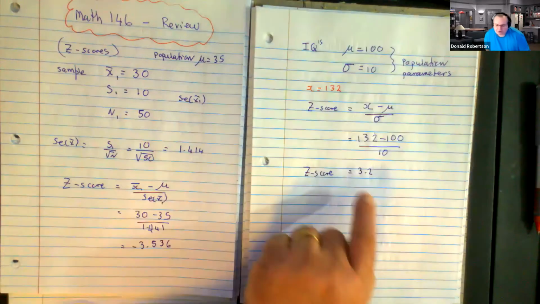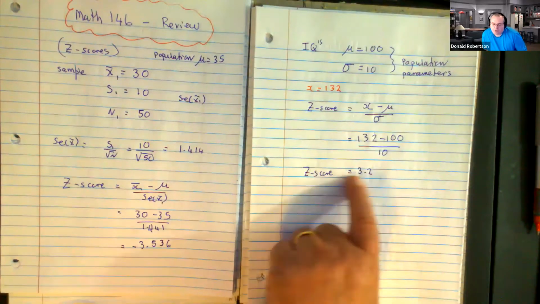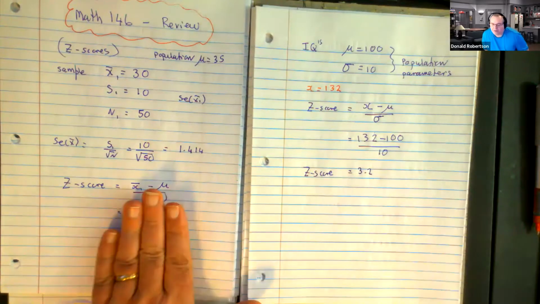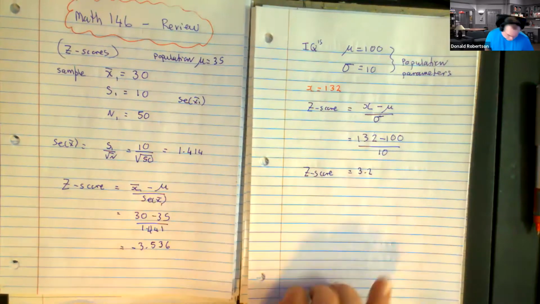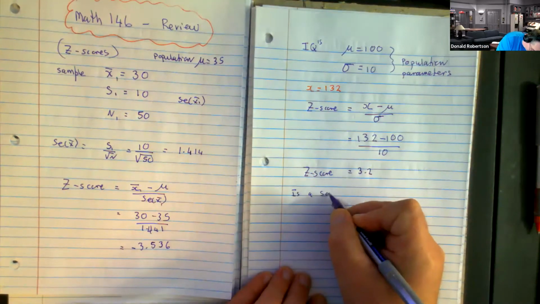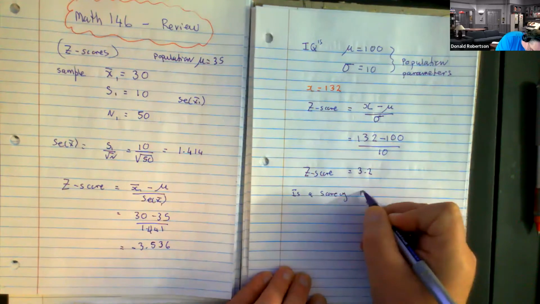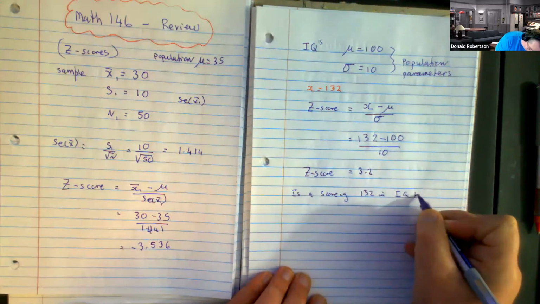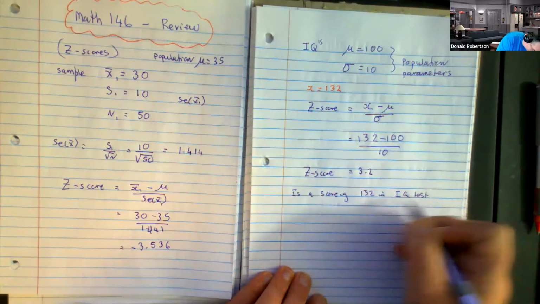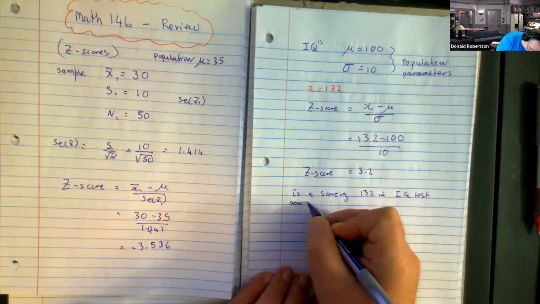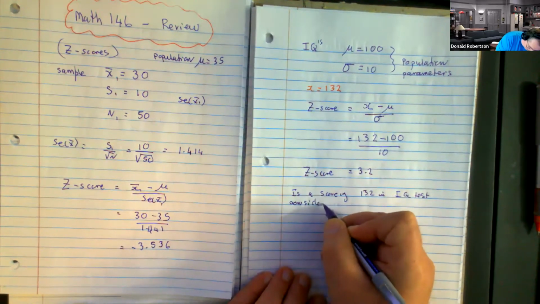Now, this kind of z-score can also have an extra question added to it. You might get a question like, is a score of 132 in an IQ test considered an outlier?